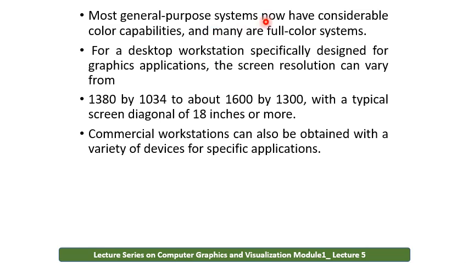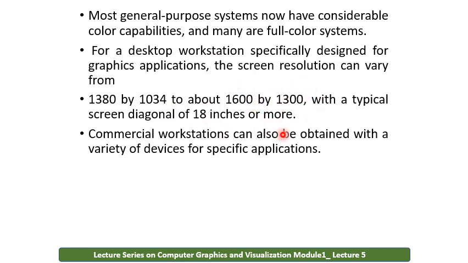Most general purpose systems now have considerable color capabilities, with full color systems. For a desktop workstation specially designed for graphics applications, the screen resolution varies as we have discussed. For 18 inches or more, the screen resolution is normally 1380 by 1034 to even 1600 by 1300.